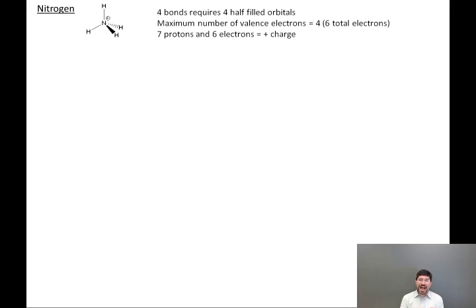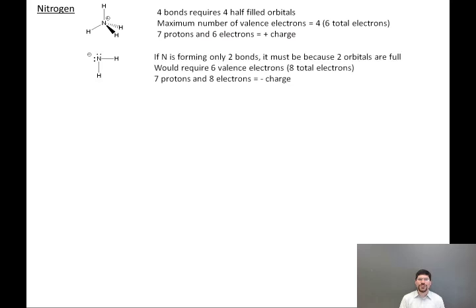If it had the 5 valence electrons that it would like to have, two of them would have to be paired up. There would have to be a lone pair, so there would only be 3 available orbitals. So with 4 valence electrons around nitrogen, there are 6 total electrons adding in the core electrons. So 7 protons, the definition of nitrogen, 6 electrons, overall positive charge.